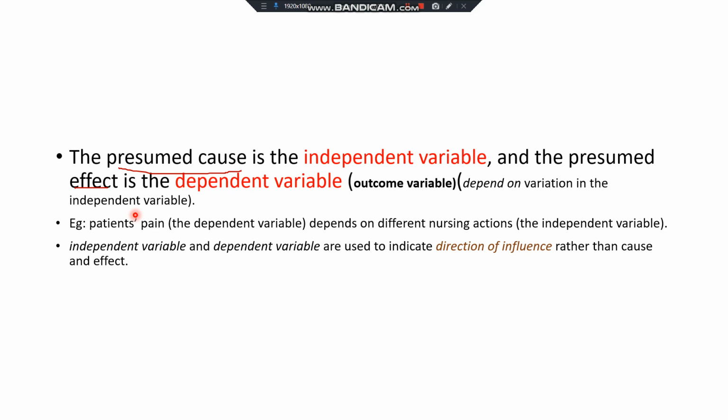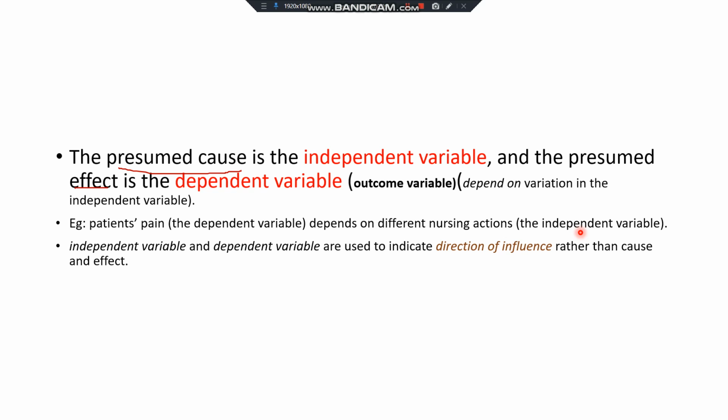Here is one of the examples: patient pain. Pain is the dependent variable that depends upon the nursing action. Because of this nursing action, what changes will happen to the patient's pain? So that change is the dependent variable.